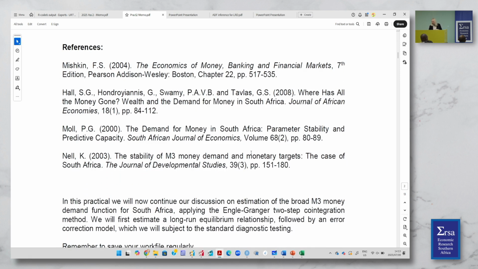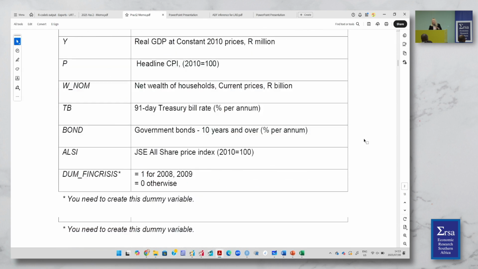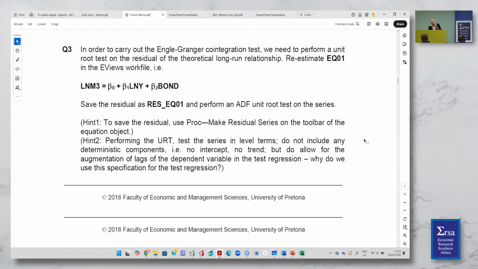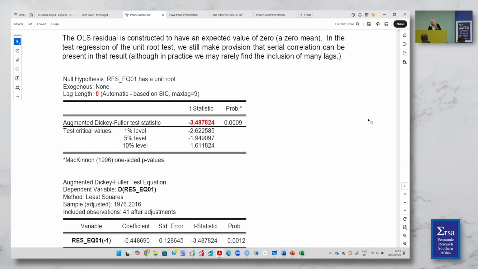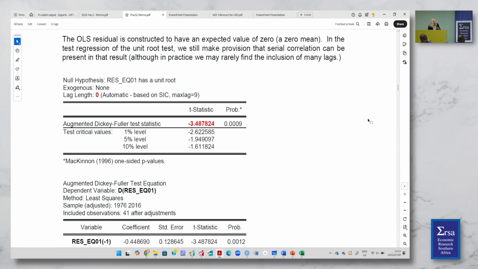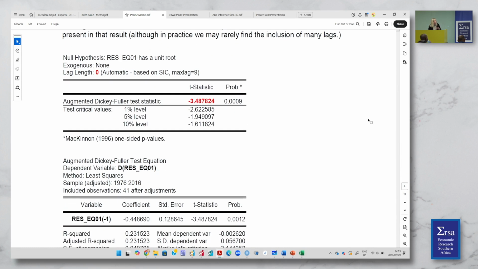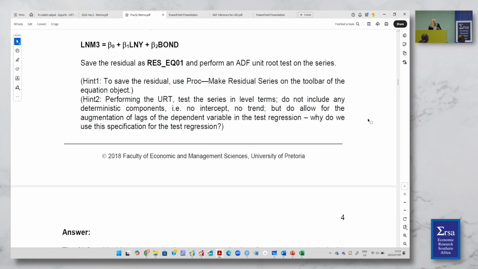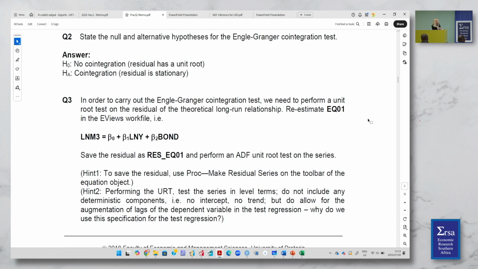Okay, so yes, that application is there as an example. This one, I just want to demonstrate it for this very simple case. So firstly, we estimate that function, money as a function of income and the bond rate, which is not the cost of money, it's the opportunity cost of holding money.